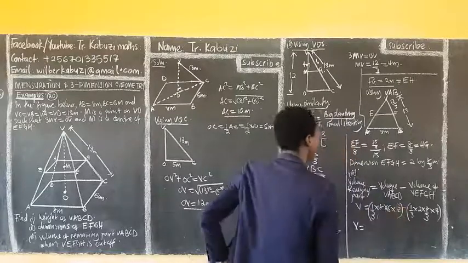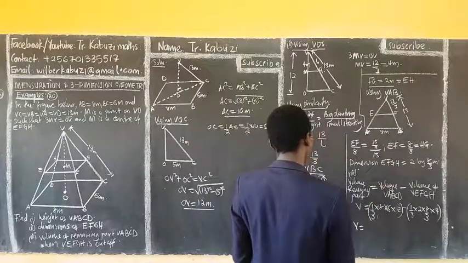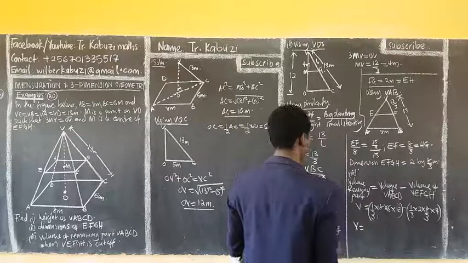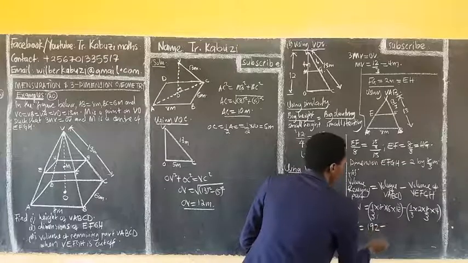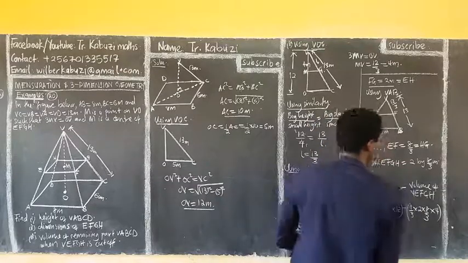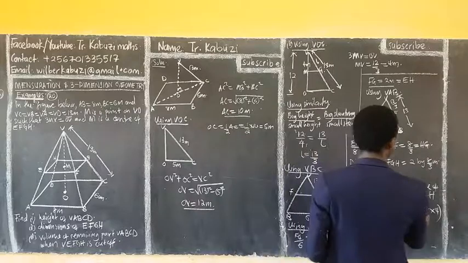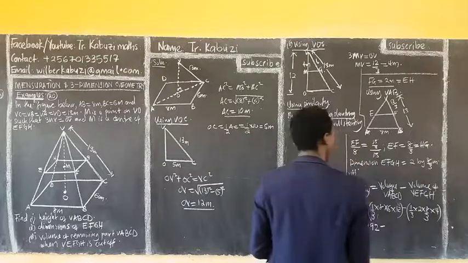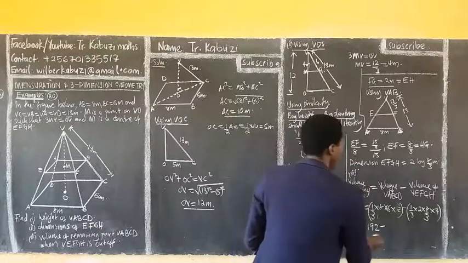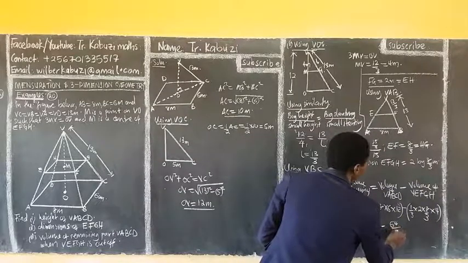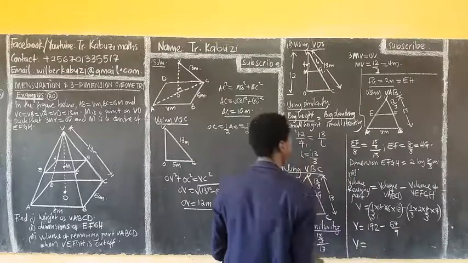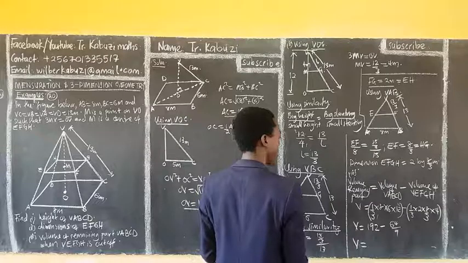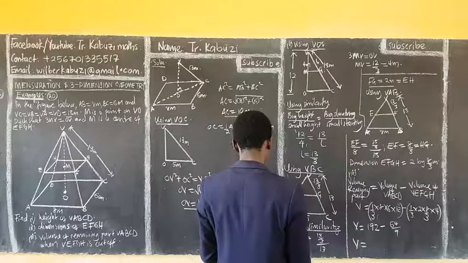So we have 24 times 8, so here I have 192. Then minus, what do we get here? This is going to be 64 over 9. So our volume is going to be 192 minus 64 over 9.